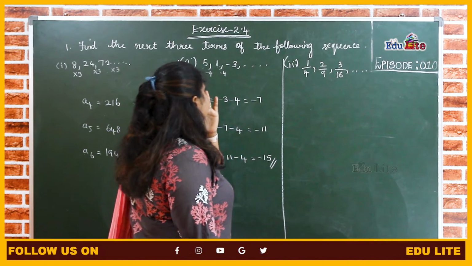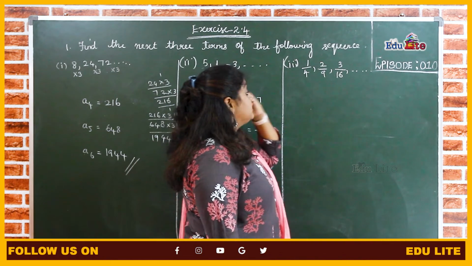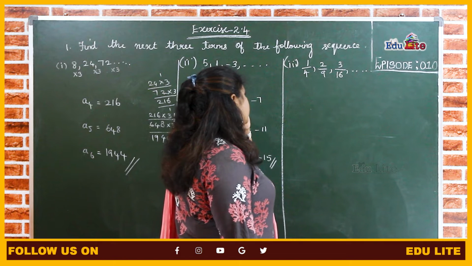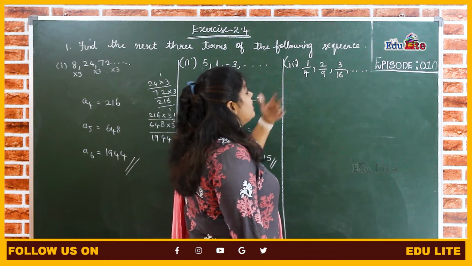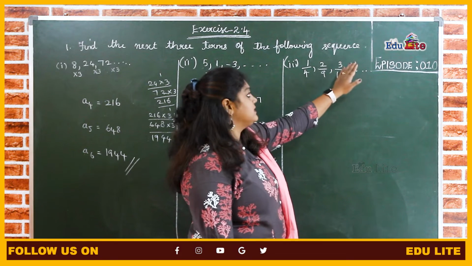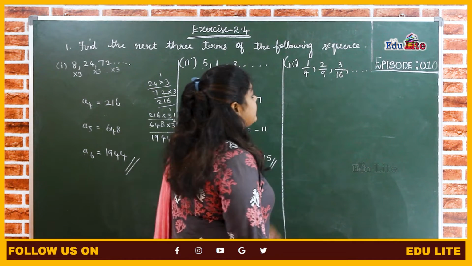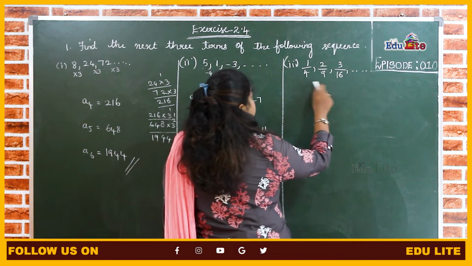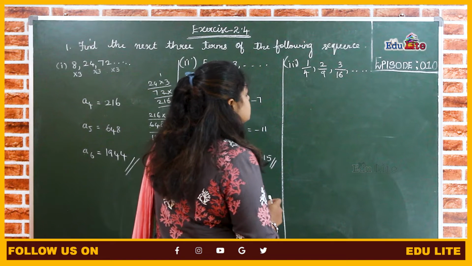Now we have to find the next three terms of this sequence. If you see in this, we cannot frame it easily. The numerator we can easily frame because 1, 2, 3, the next number will be 4. But in the denominator, if you see, there is no common difference applied.